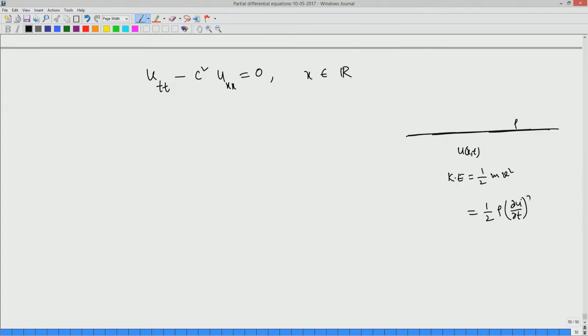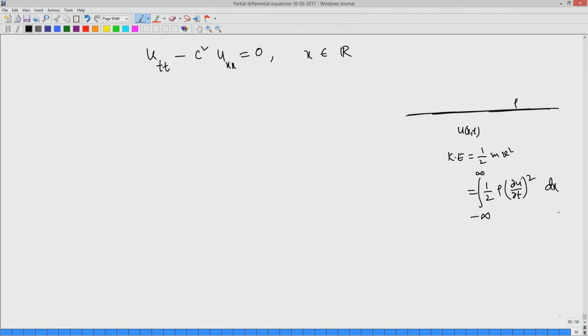You integrate this along the spatial domain from minus infinity to infinity: the kinetic energy is rho by 2 times the integral of u t square.